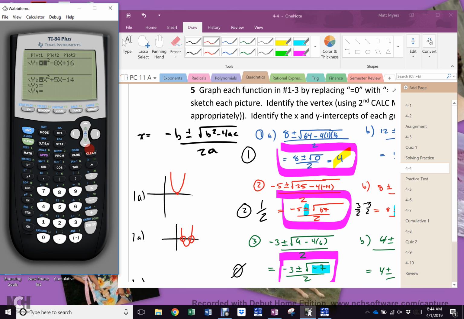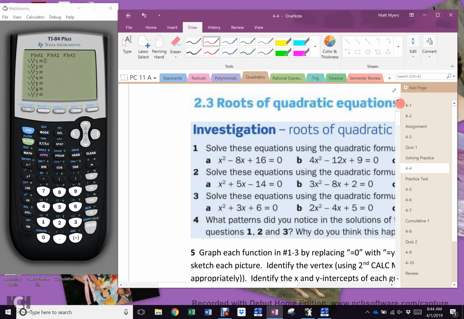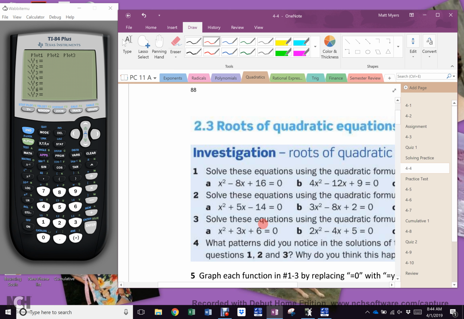This time, let's clear these. And that third one looked like x squared plus 3x plus 6.